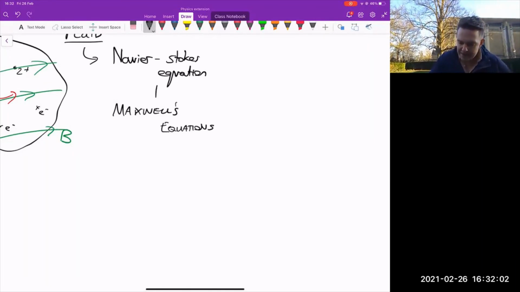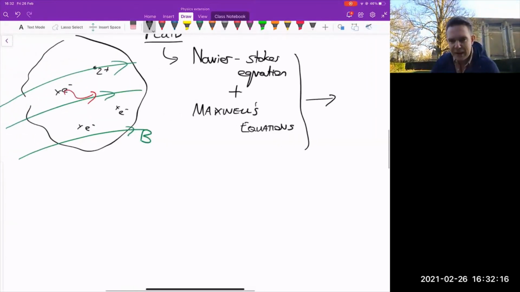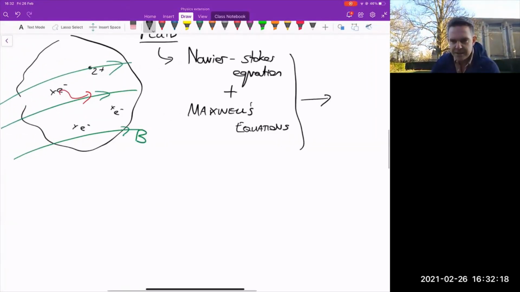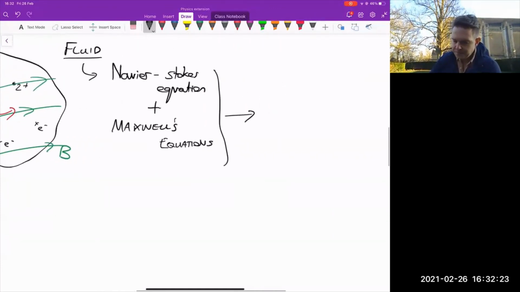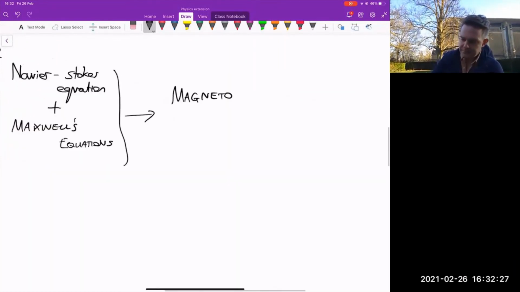And if you combine the Navier-Stokes equations with Maxwell's equations, you actually get a completely separate topic within physics, which describes the dynamics of plasma. So this is required to describe stars in detail. It's called magnetohydrodynamics.